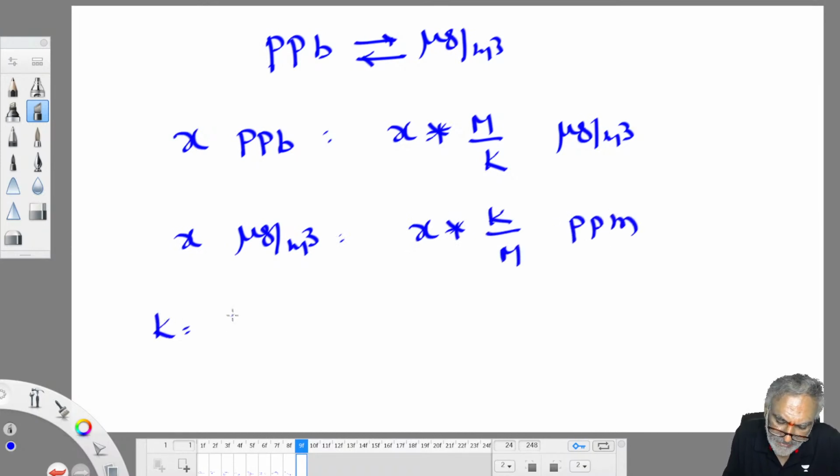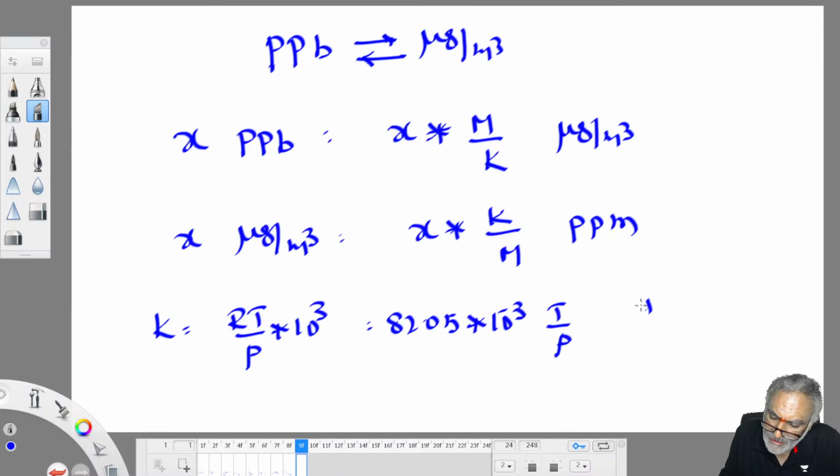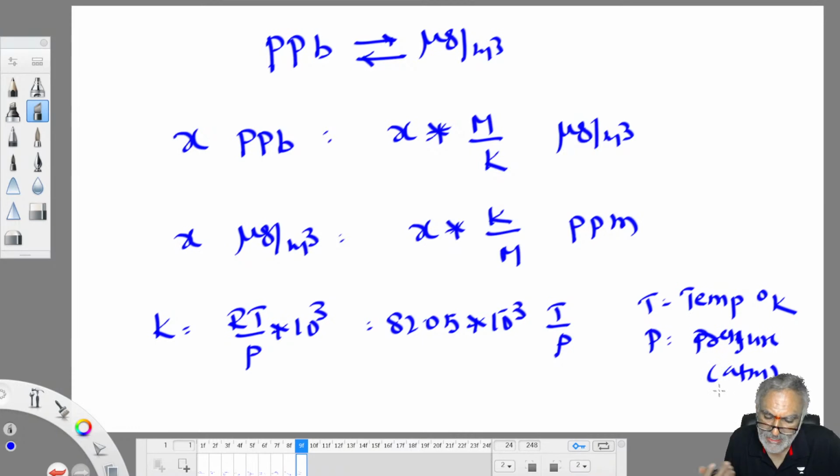K stands for the same, RT by P into 10 cube, or otherwise 82.05 into 10 power minus 3 into T by P, where T is the temperature in degree Kelvin and P is the pressure in atmosphere. Based on this, they keep on asking questions in the exam. Just remember this shortcut and work out.